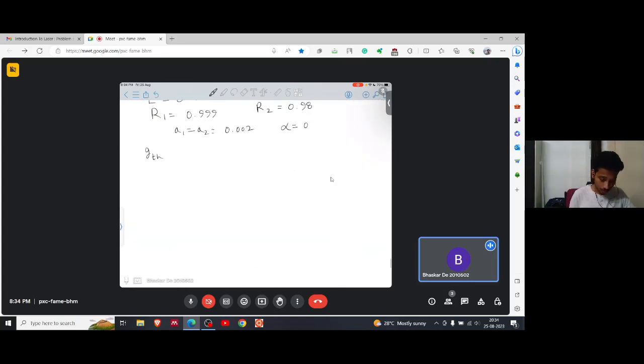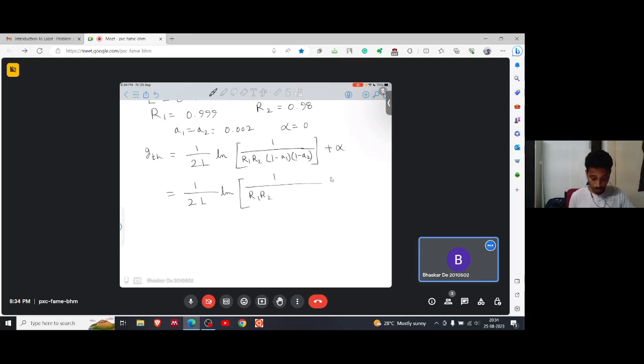So GTH equal to 1 by 2L ln 1 by R1 R2 (1 minus A)(1 minus A) plus alpha, which will be written as 1 by 2L ln 1 by R1 R2 (1 minus A) whole square.